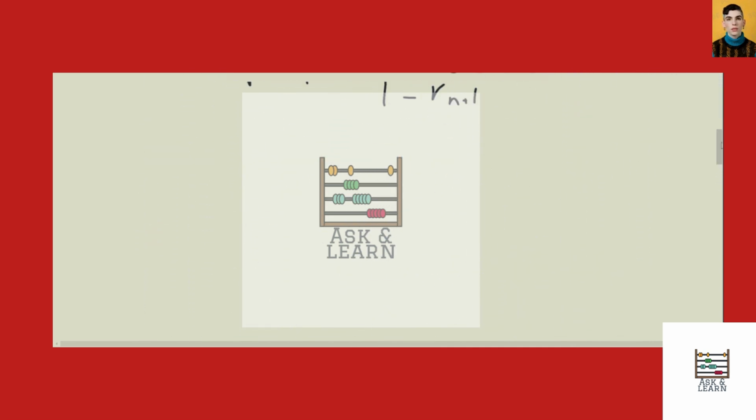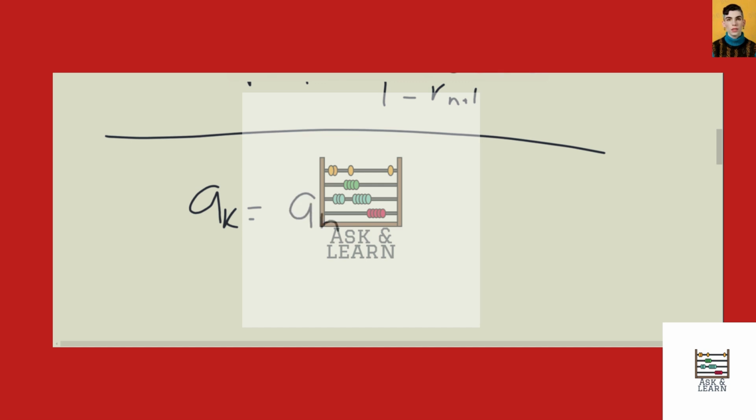So here we're going to say that a sub k is equal to a sub n plus 1, r sub n plus 1, r sub n plus 2, and so on, giving us r sub k minus 1.